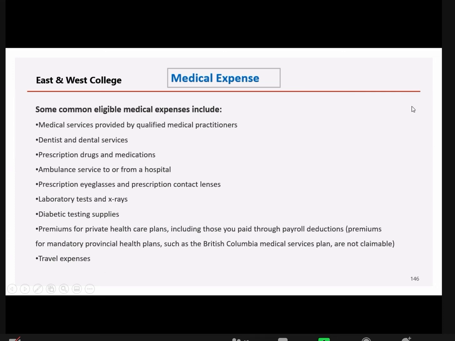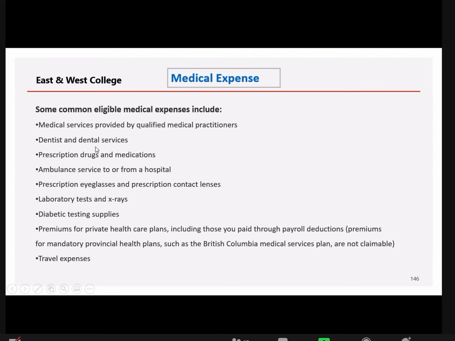Some common eligible medical expenses include, okay, this is the common one: medical service provided by a qualified medical practitioner, dentist and dental service.